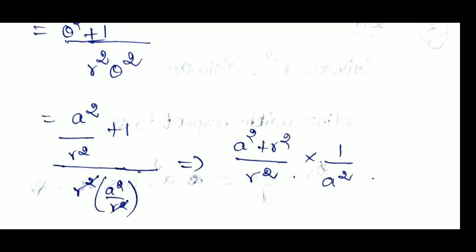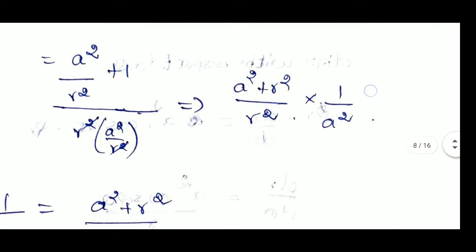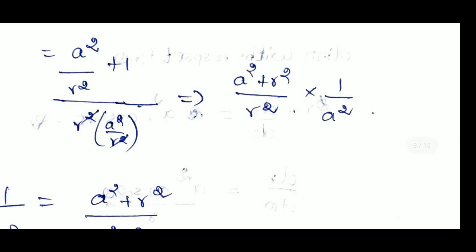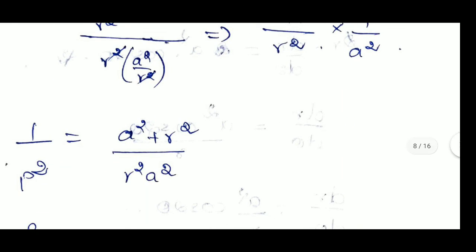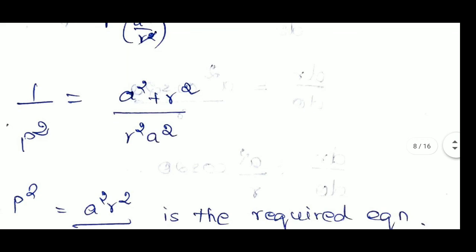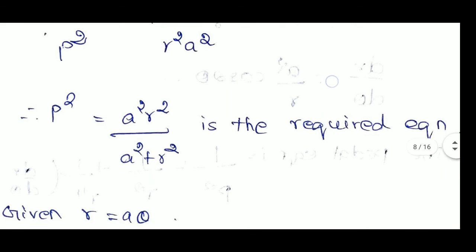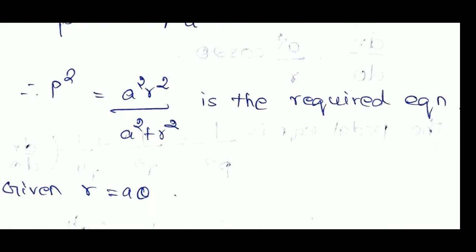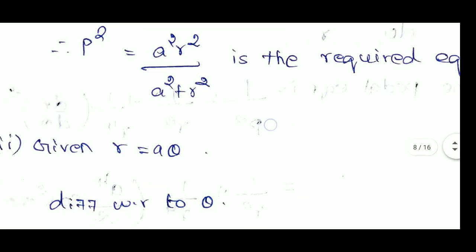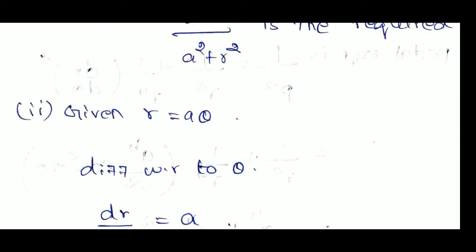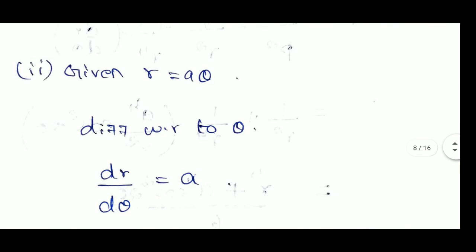We take the LCM and we get (a square plus r square) by r square into 1 by a square. So we get a square plus r square by r square a square. Taking the reciprocal, we get p square equal to a square r square by (a square plus r square), which is the required equation. So we can go to the second subdivision.